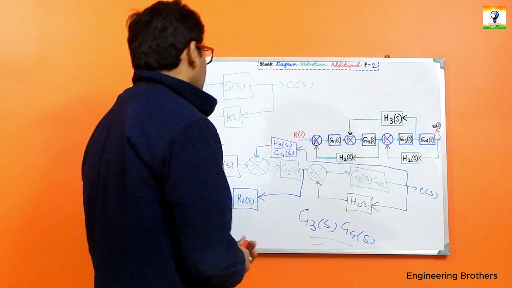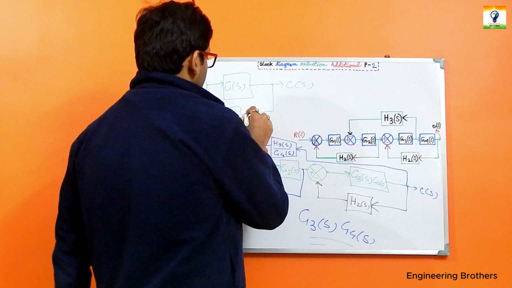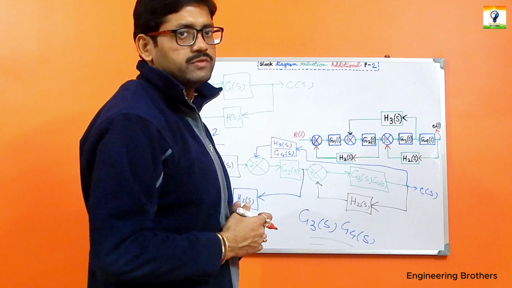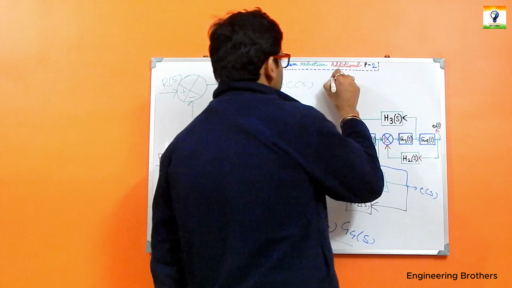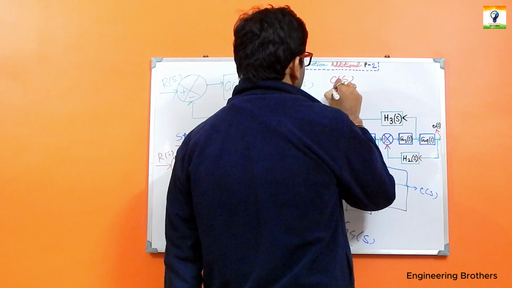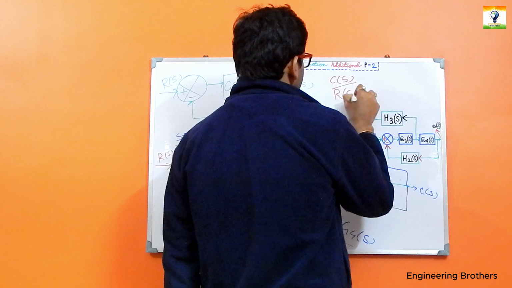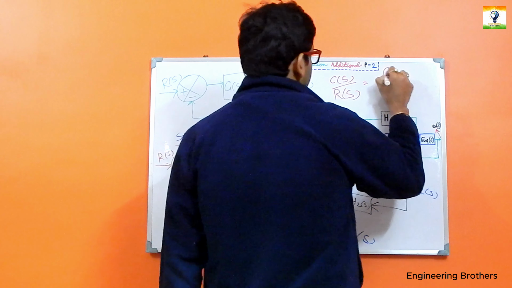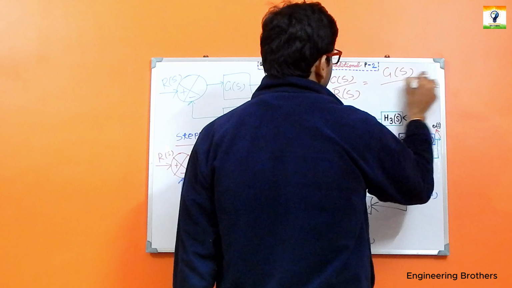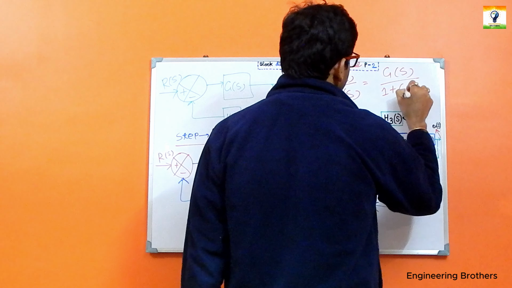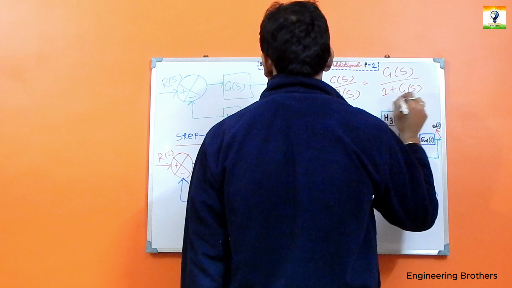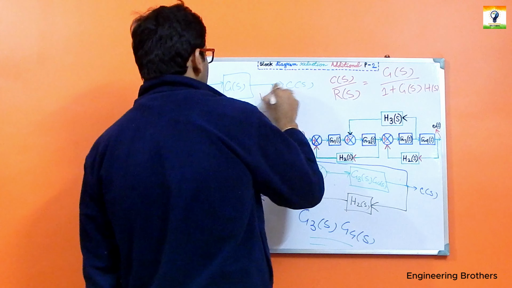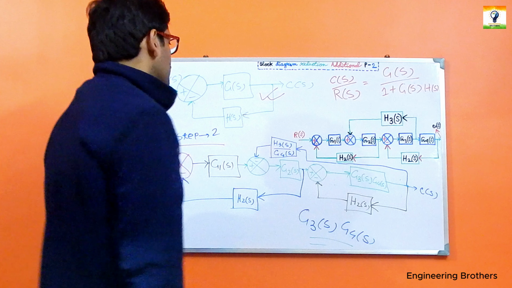I have already studied this portion, and according to that previous part, we have got the output divided by input for this closed loop control system as our GS divided by 1 plus GS HS. This is going to be the form for our closed loop control system.